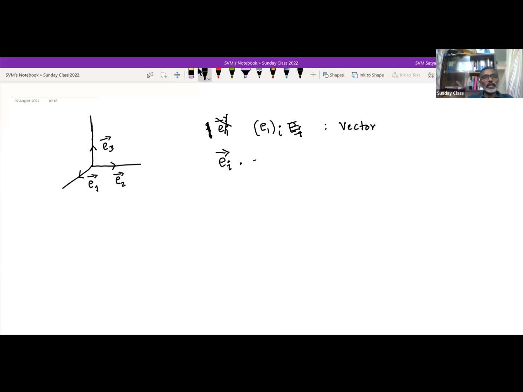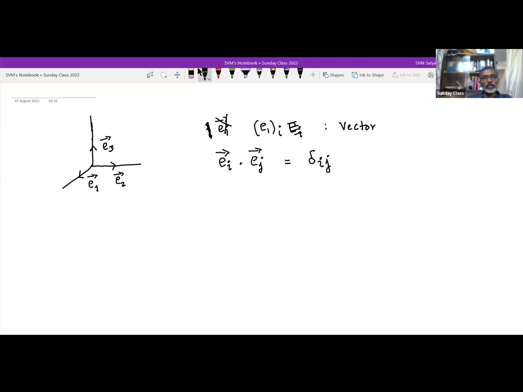Now, suppose I ask a question. Let us write them as vectors, Ei dot Ej. What will this be equal to? Will it be 0 always? I and J have not been defined. That will be equal to delta ij.